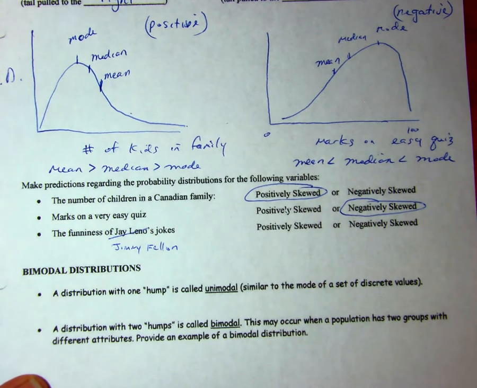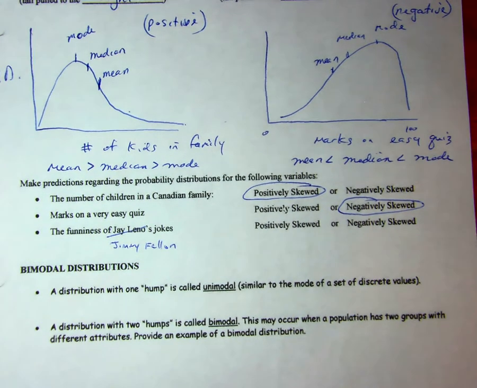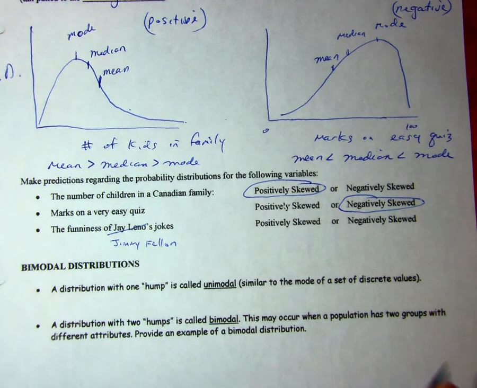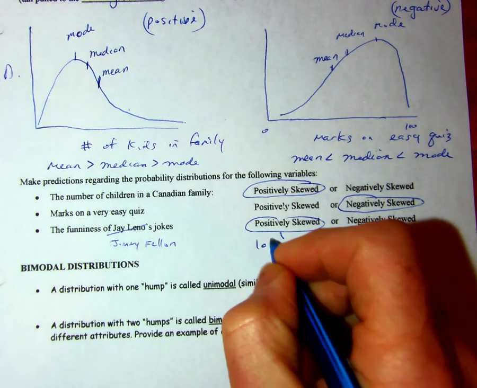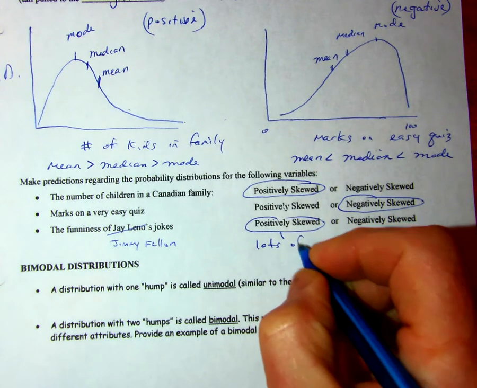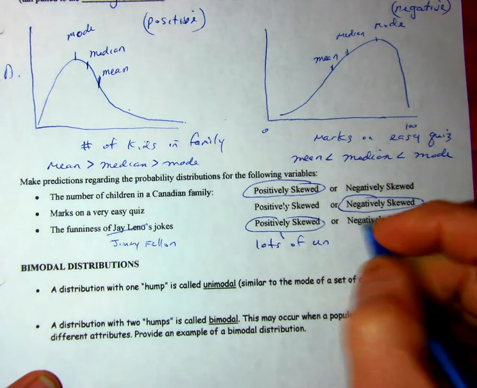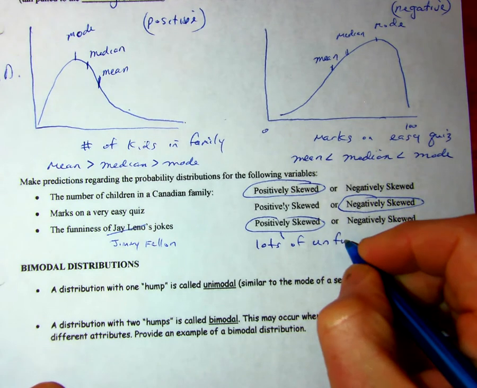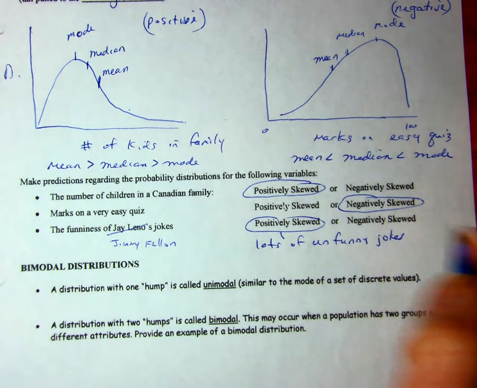He told so many jokes. It was a few good jokes, but a lot of them were not that funny. So would that be positively skewed or negatively skewed? Positive. Yeah. Because lots of jokes, lots of bad ones. I don't watch Jimmy Fallon, but he might be totally different. So you guys won't know who Jay Leno is.